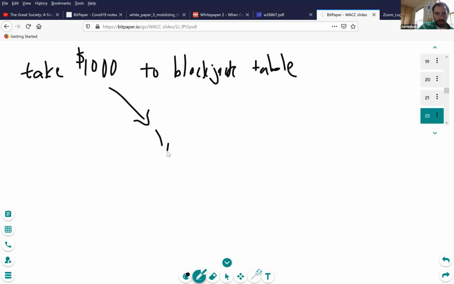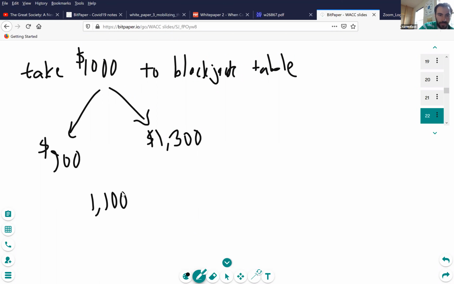You can get $1,300 half the time, and you'll walk away with $900 the other half of the time. So on average, you're coming away with $1,100, and that's your expected winnings.